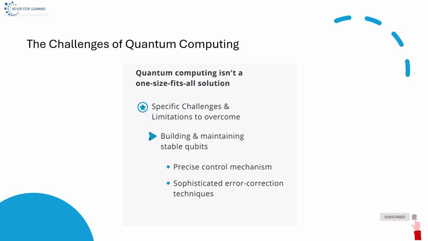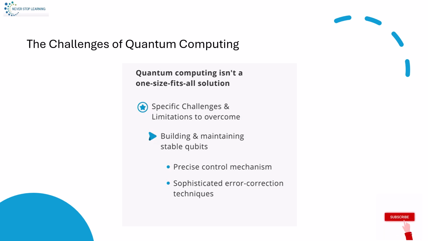Despite its incredible potential, quantum computing is not a one-size-fits-all solution. There are significant challenges to overcome. Building and stabilizing qubits is one of them. Qubits are highly sensitive to their environment and can easily lose their quantum state due to disturbance.